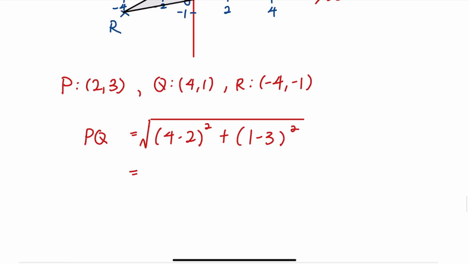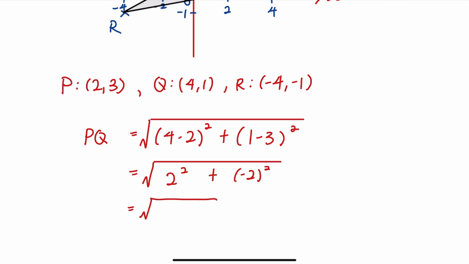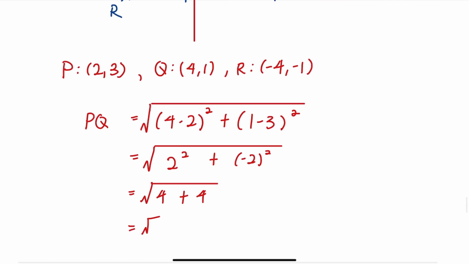Then I calculate this. PQ is simply equals to the square root of 4 minus 2, which is 2 square, plus -2 square, which gives the square root of 4 plus 4, which is root 8.